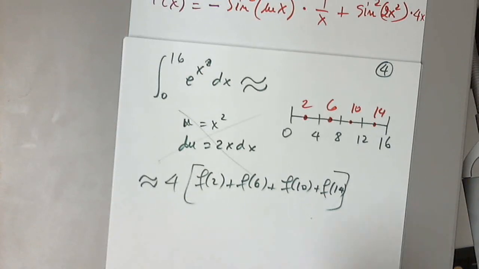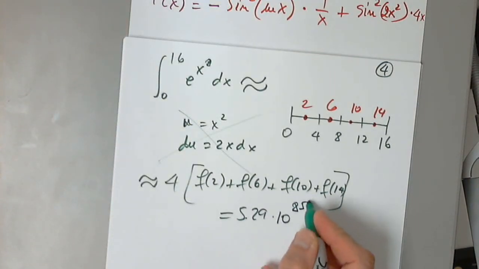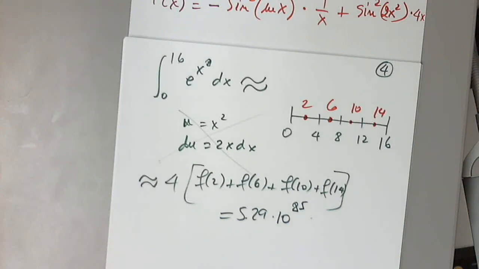Okay, so approximately 5.29 times 10 to the 85th power. Oof.